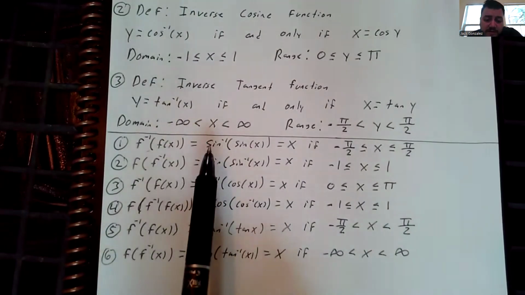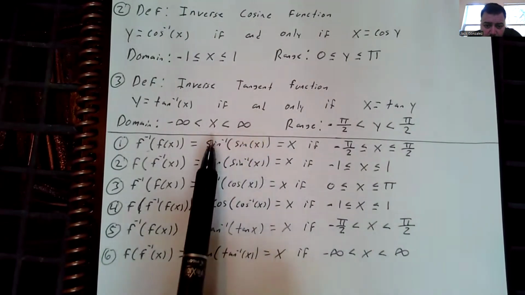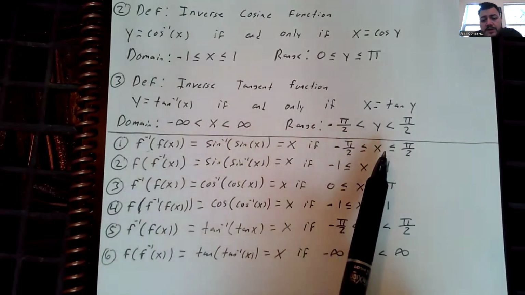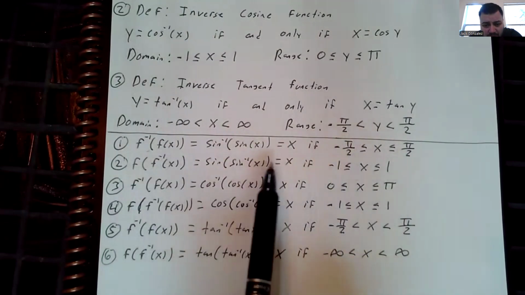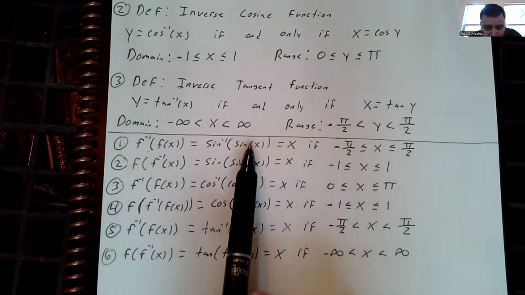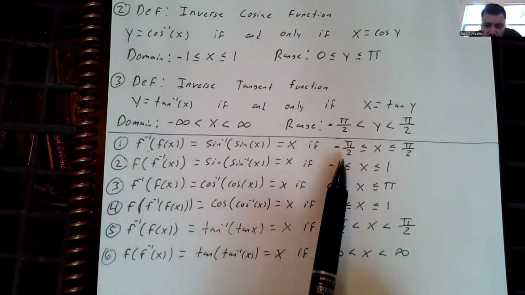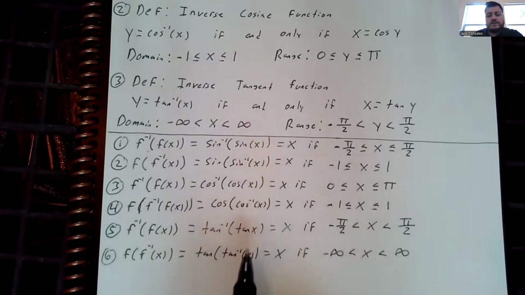So remember, sine inverse of sine. If I want to get that angle or solve for that x, whatever that x is, I have to do the inverse of both sides, or of the outside. But it will only be defined if x is between here and here. So whenever you're trying to check, is this defined, etc., you have to look at whether the x is within these values, for these examples, 1 through 6.